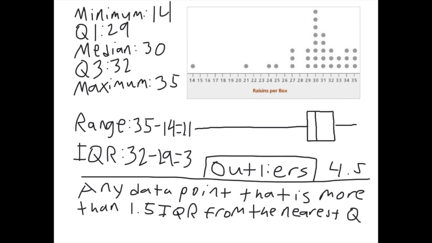So if you were going to point out the outliers in this graph, what you would do is, instead of this section here being this whole line, you would actually stop it at the last dot before the outliers. So that would be 25.